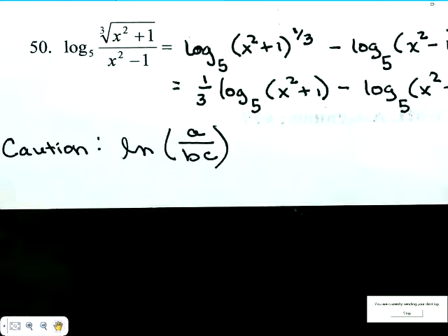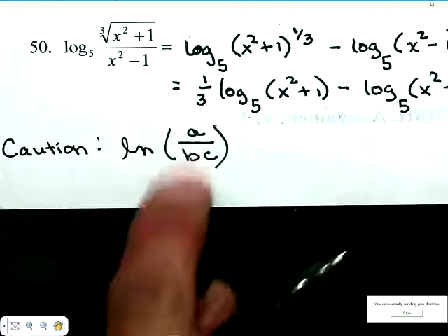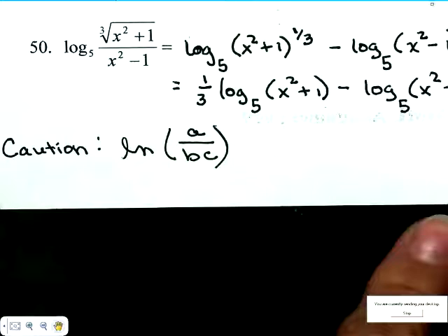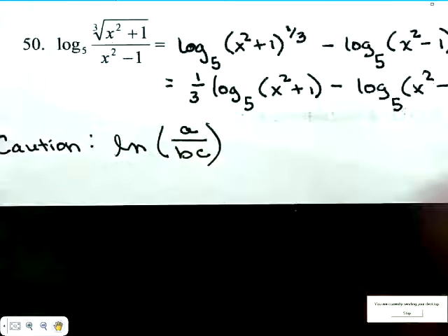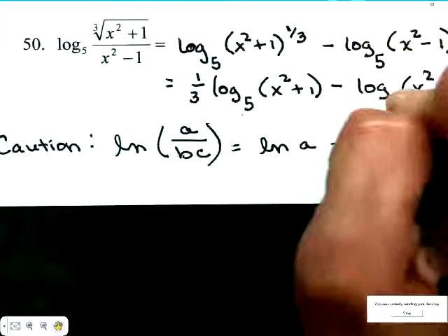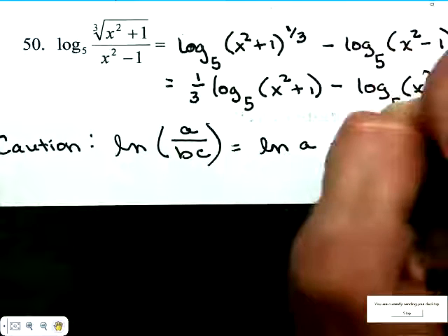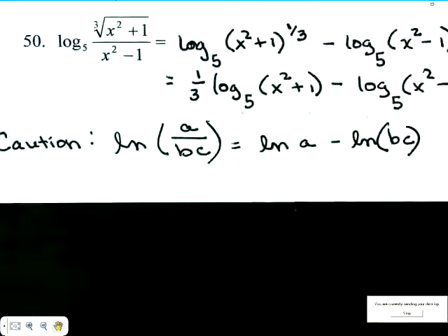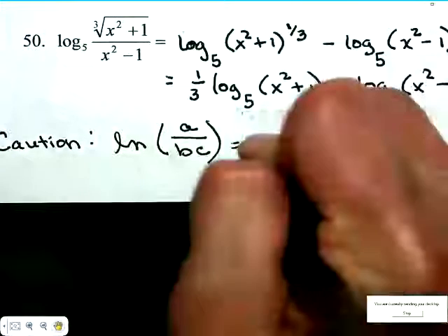You know to take the log of a quotient apart as the difference of two logs. That would be natural log of A minus natural log of BC. And folks don't usually have a problem with that at all. But here's the most common mistake.